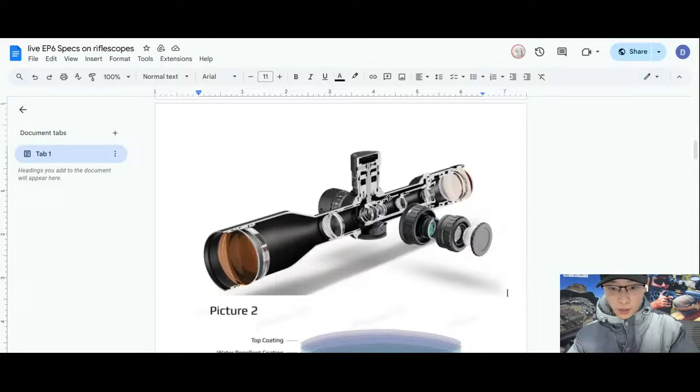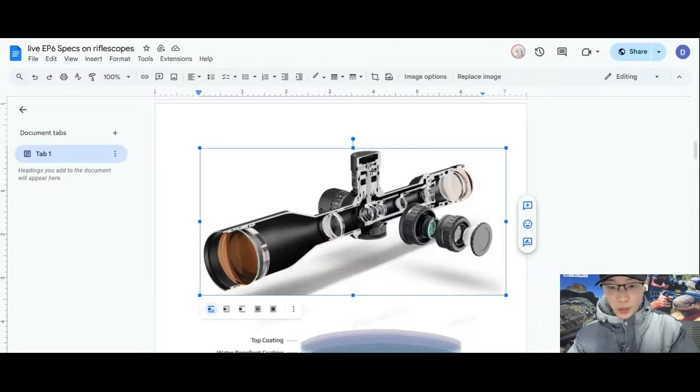So this tube here, where the elevation and windage chart engage, is how they control the movement of the internal adjustment. If you guys can see my cursor right here, this gap in between the erector tube and the main tube is basically what determines how much usable elevation or windage adjustment you would have.